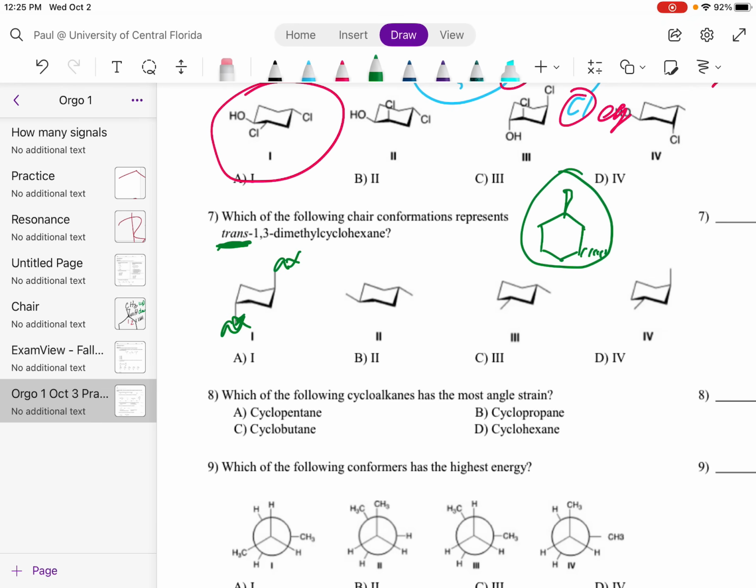But that's in a what? 1, 2, 3, 4 relationship. So that's out. This is a 1, 2, 3 relationship, and this is a 1, 2, 3 relationship. So with molecule 3, what do we have? We have equatorial here and equatorial there. In the other structure, what do we have? We have axial and equatorial.